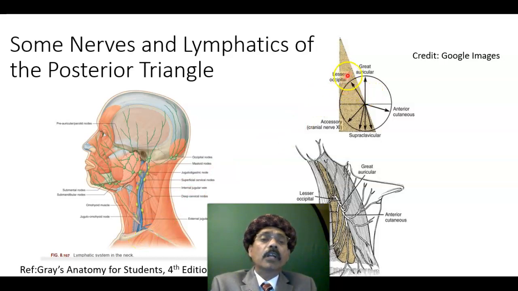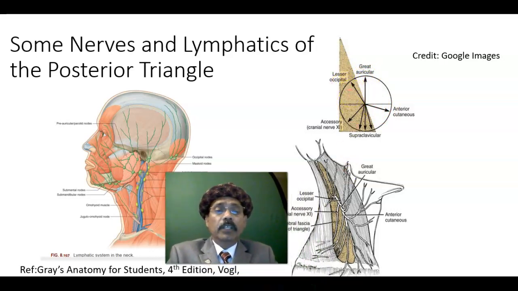We have some nerves here. We are seeing the accessory nerve that provides motor innervation to the sternomastoid muscle and the trapezius. We have sensory or cutaneous innervation from the cervical plexus: the supraclavicular nerve, the anterior cutaneous nerve from the transverse cervical branches, the great auricular nerve, and the lesser occipital nerve.